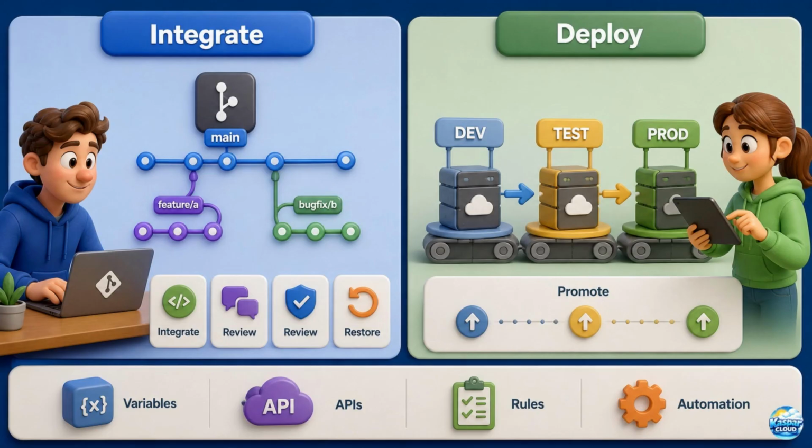Microsoft Fabric Lifecycle Management is built around two major ideas: integration and deployment. Integration is about connecting workspace content to Git so teams can version, review, branch, and recover changes. Deployment is about moving approved content through controlled environments such as development, test, and production.